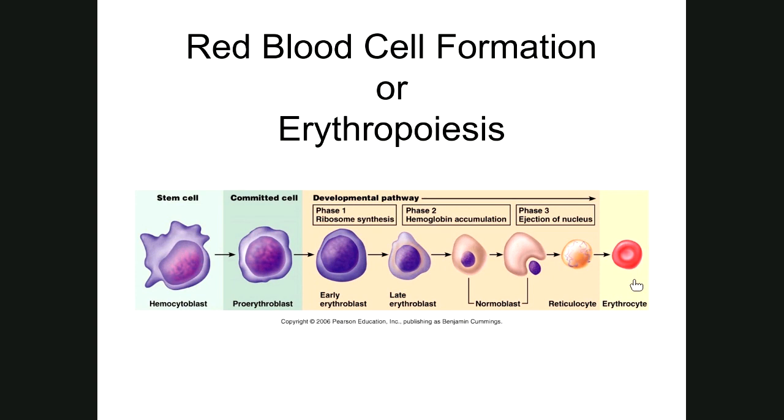If the cell's membrane is flexible enough, it's allowed another pass. If it's picked up that the cell membrane is becoming a little more firm or less flexible, it is removed from the system, phagocytosed, broken down, and the elements are recycled.